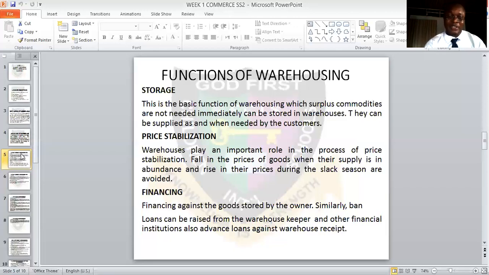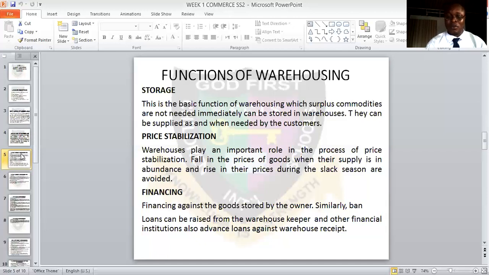Then the second one is price stabilization. Warehouses play an important role in the process of price stabilization. For instance, there is a fall in the price of goods when their supply is in abundance, and a rise in the price of goods during the lean season is avoided.